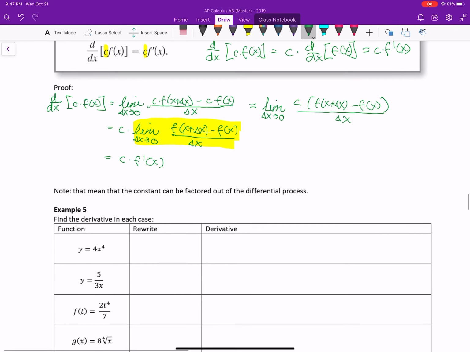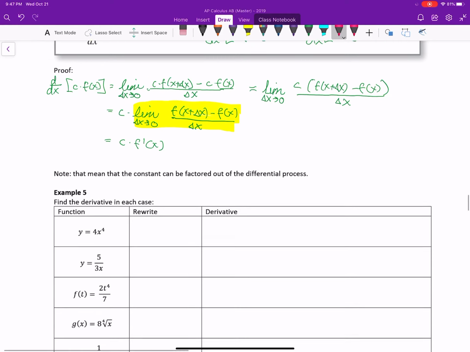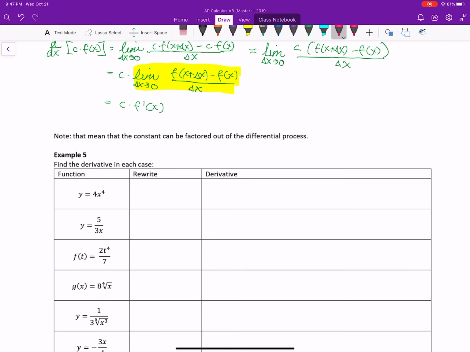So what does that mean in terms of our problems? Well, for us, it means this, essentially. We can do problems like in example 5. We want to find y prime.